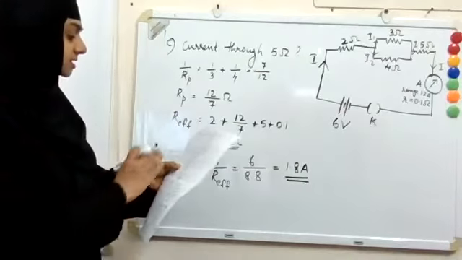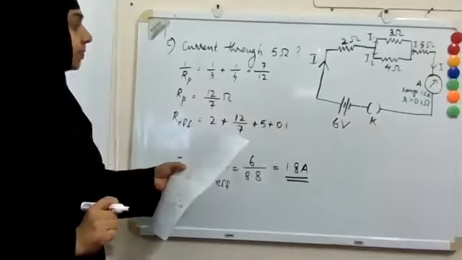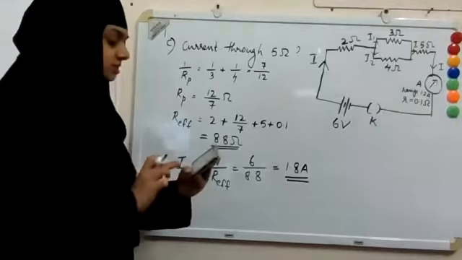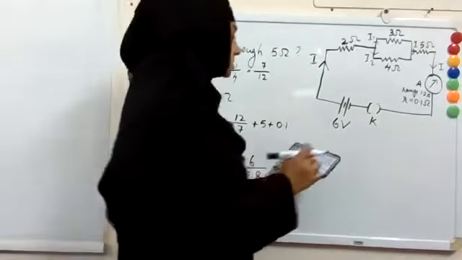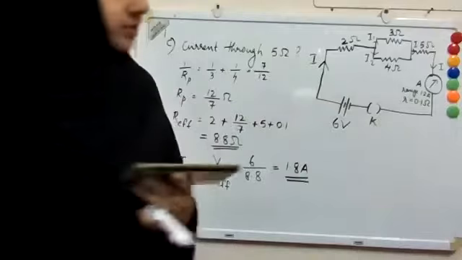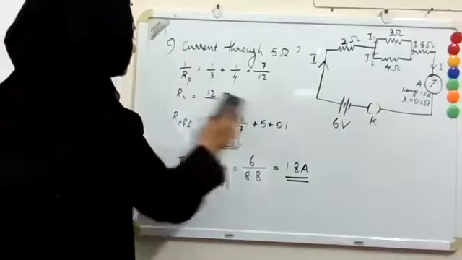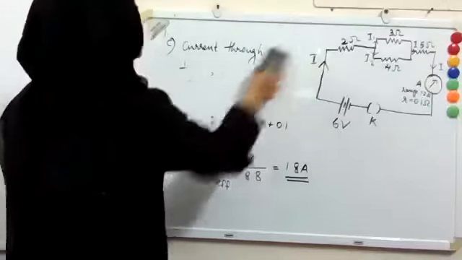Now let us see the D part. The D part of the question is that if the potential difference in the source is 16 volt. So let me rub this. You will require the effective resistance for the D part.